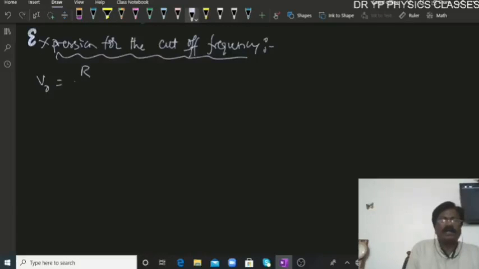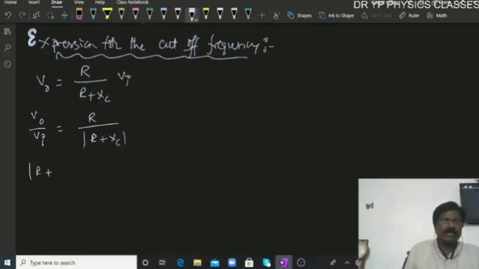That is V out. V naught is equal to R divided by R plus XC into VI. I'll take this VI to the denominator here. V naught by VI is equal to R divided by mod of R plus XC. Now mod of R plus XC is equal to square root of R square plus XC square.